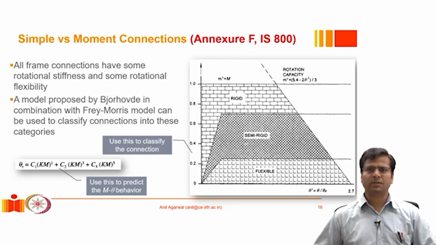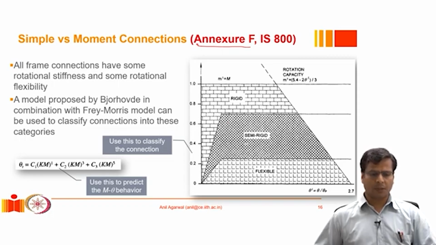The special provisions that are incorporated in the Indian standard IS 800 annexure F list a set of formulae that can be utilized to ascertain whether a particular type of connection is a rigid connection or a flexible or simple connection.